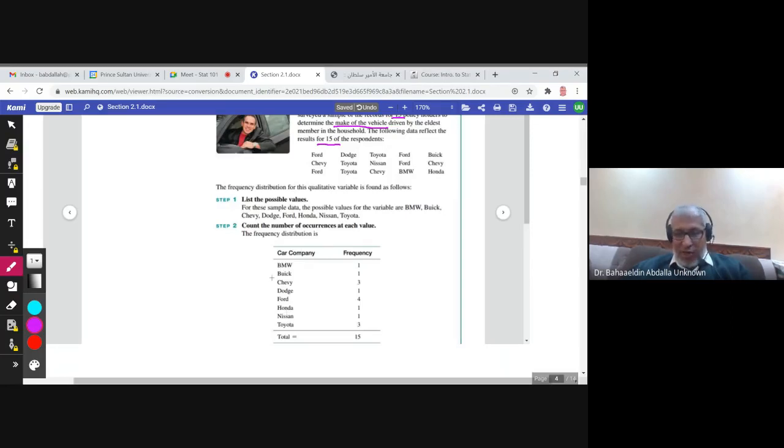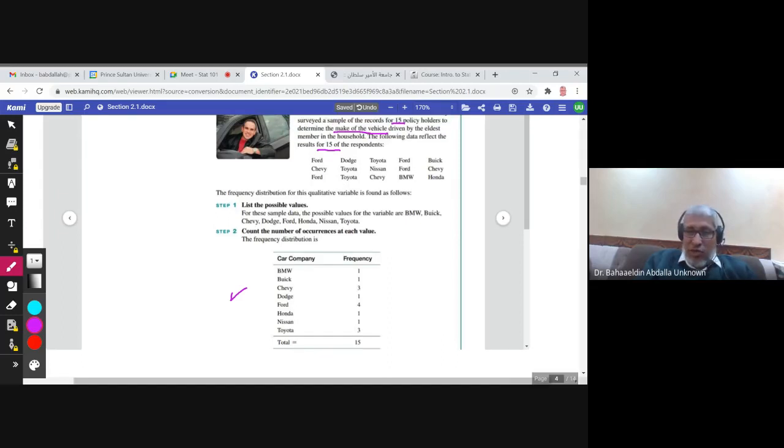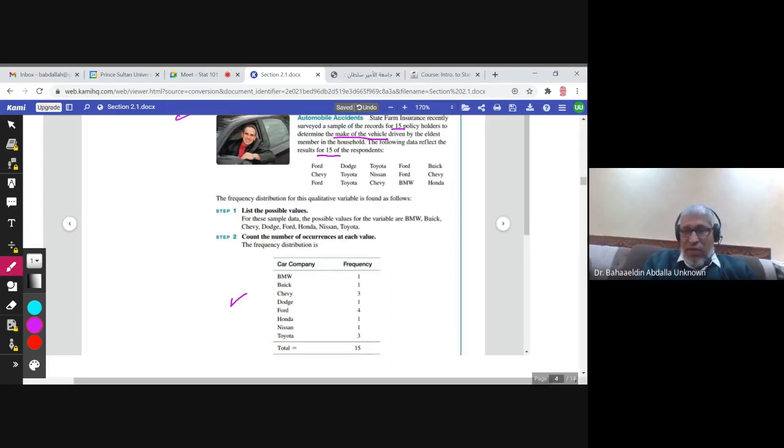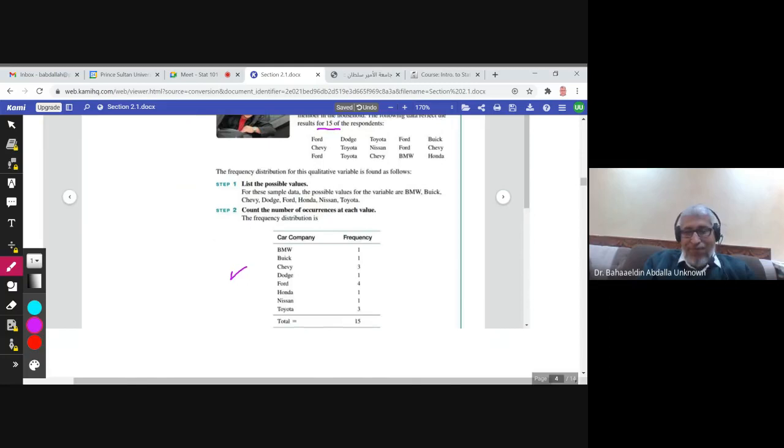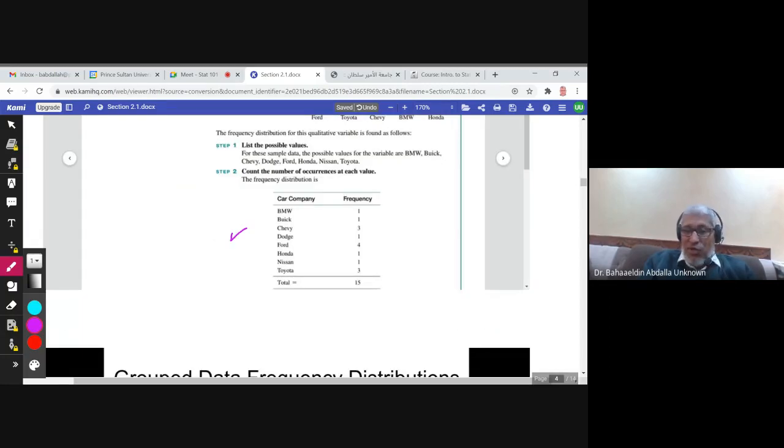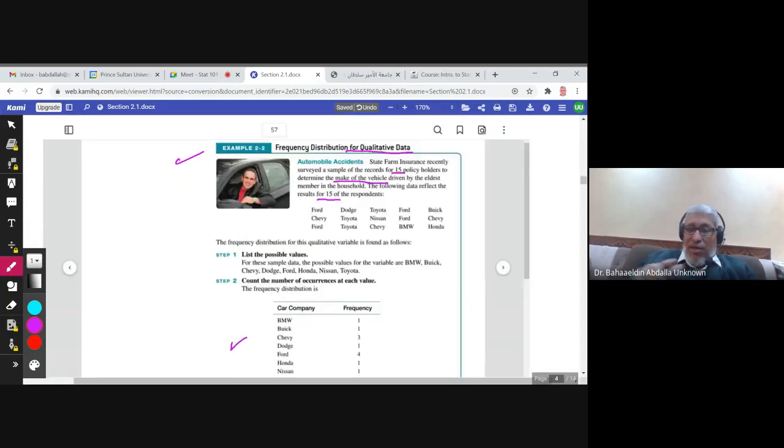BMW is one category; how many times is it repeated? Once. So this is a frequency distribution. If you add all the frequencies, you get the total number, 15 people, not homeowners, vehicle owners in this case. So this is what we mean by frequency distribution for qualitative data.